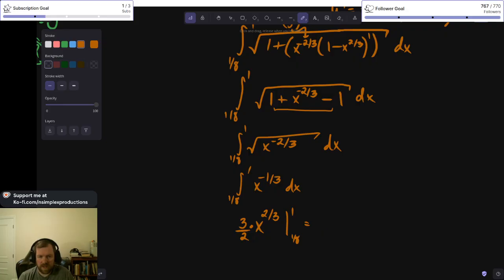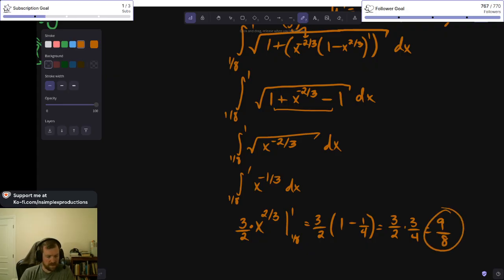So 3/2 times 1 to the 2/3 is still just that, minus 1/8 to the 2/3, which is going to be 1/2 squared, so 1/4. So 3/2 times 3/4 is going to be 9/8.